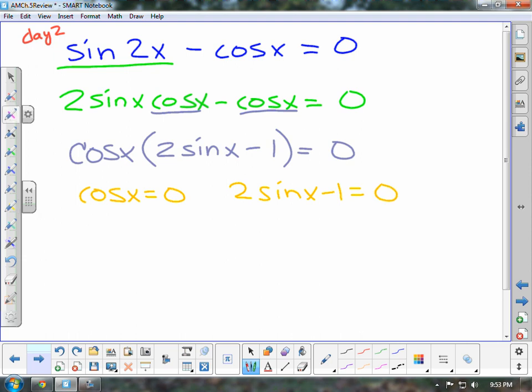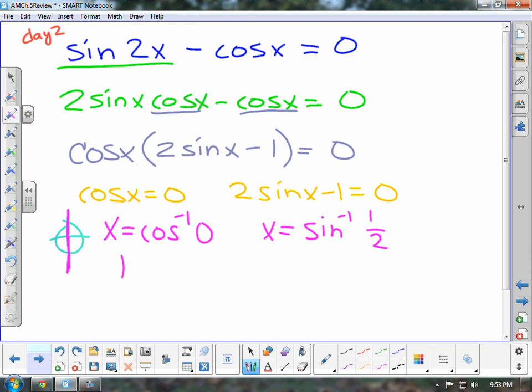So then x is going to equal inverse cosine of 0, and here x will equal inverse sine of 1/2. And so now, inverse cosine of 0 would be right here and right there.